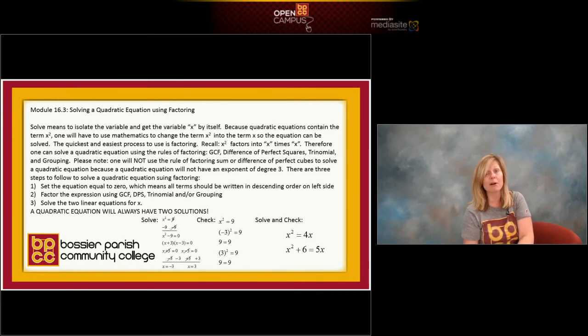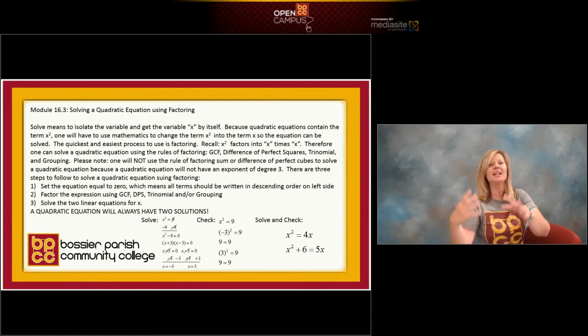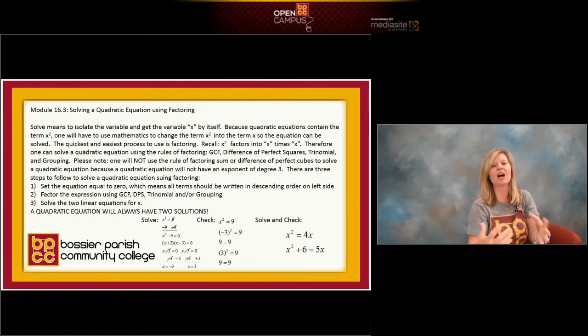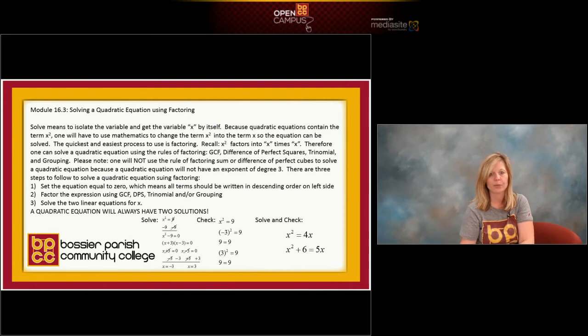We will be working very much with the 4 top rules. We will not use the rule perfect cubes because we all know a perfect cube is going to have an exponent of 3, and seeing these are quadratic equations, the highest exponent is 2. So we're going to factor using GCF, difference of perfect squares, trinomial, and grouping.